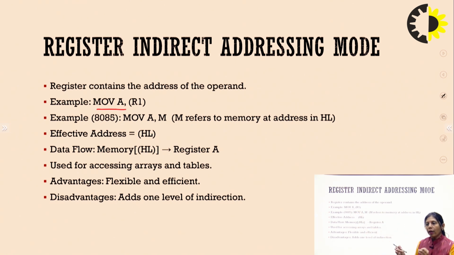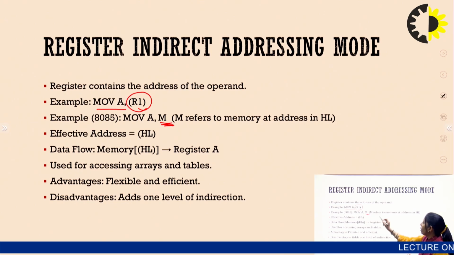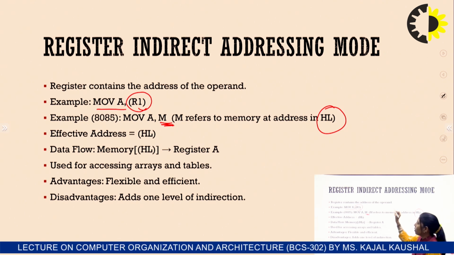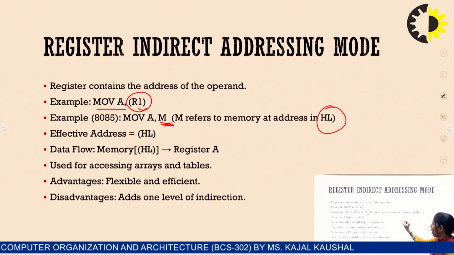Data has to be moved from somewhere to this particular accumulator, but here the R1 in our instruction we can think of as the memory location that refers to the memory at the address in the HL pair. I have already explained this HL pair, the high and the low order byte of the address. This address is there inside the register R1.